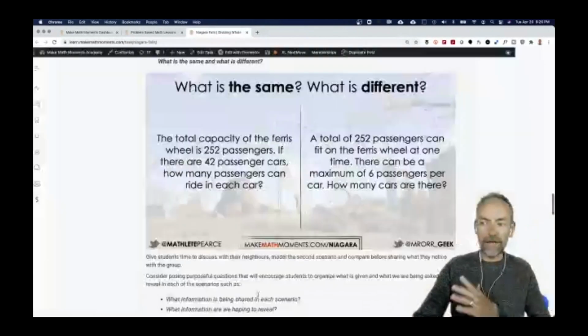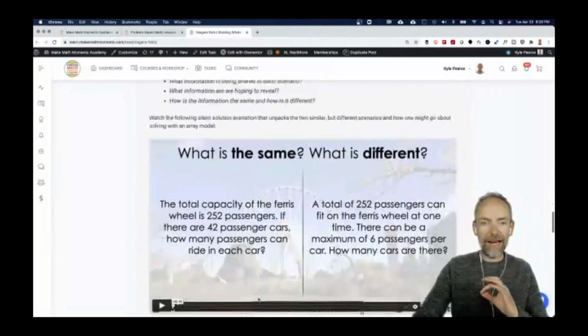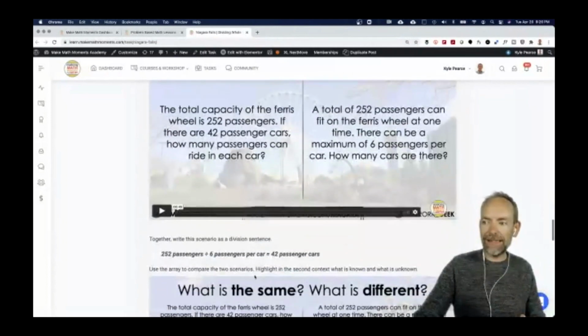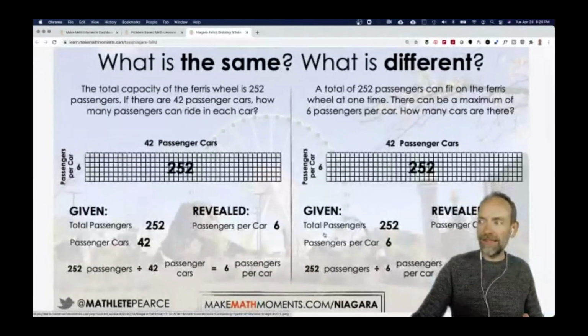So this whole unit, if you dive into the guide, the teacher guide will help you see what we're trying to pull at, and go through a good visual of what's the same and what's different. So we use an array.